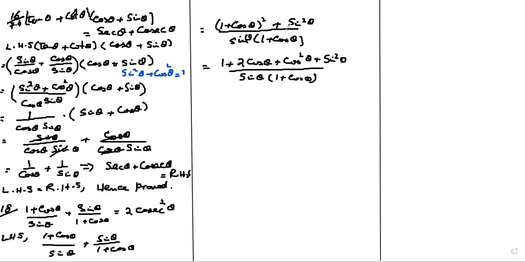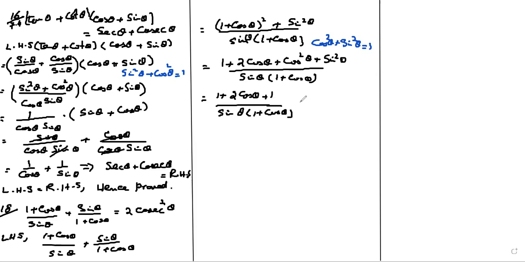Now using this, sine square theta plus cosine square theta equals 1. Using this here, we have 1 plus 2 cosine theta plus 1 divided by sine theta times 1 plus cosine theta.